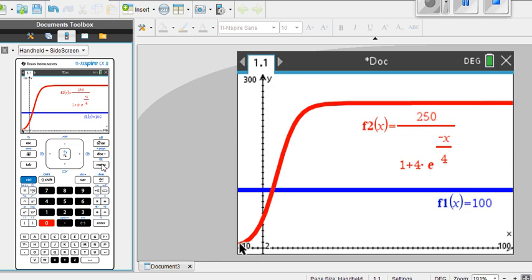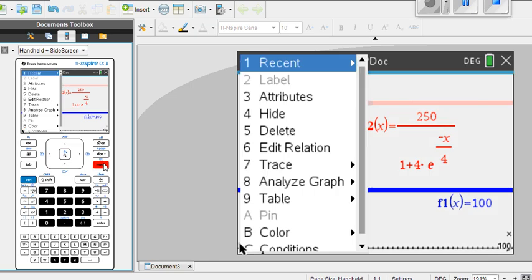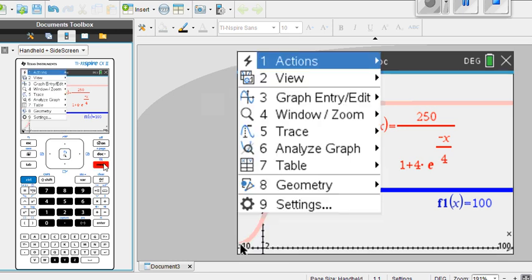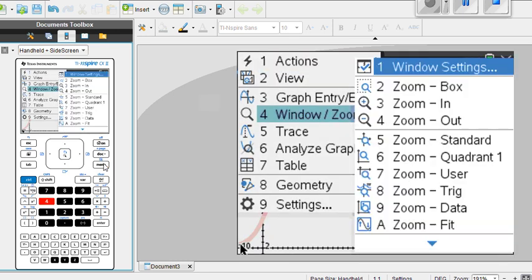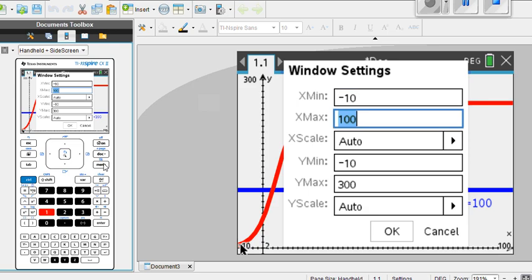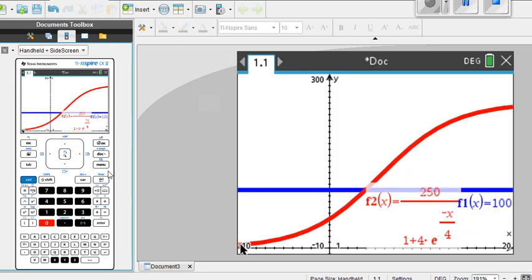But I really want to focus in on that portion of the graph where things crisscross. So I'm going to go and reset my window. And maybe I want to go negative 1 to, I don't know, 20. Oh, that's a much better window.